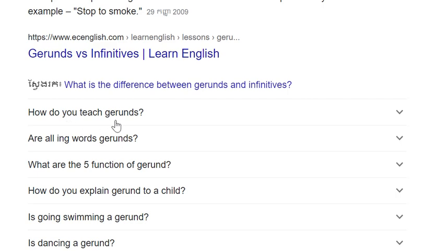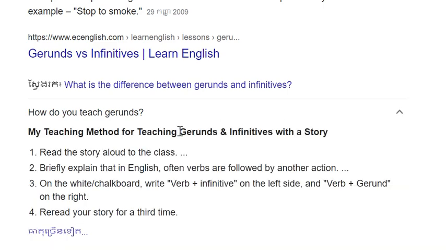How do you teach gerund? My teaching method for teaching gerund and infinitive is with a story. 1. Read the story aloud to the class. 2. Briefly explain that in English, often verbs are followed by another verb. 3.